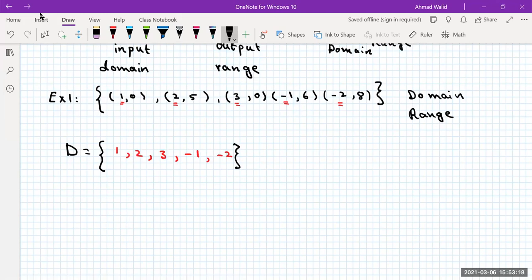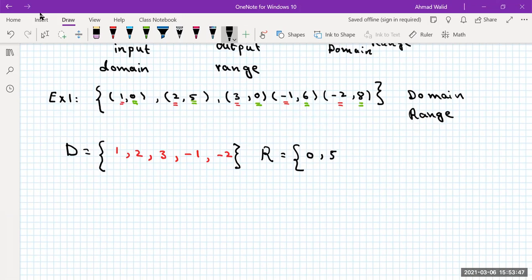Correct? If they ask, okay, what's the range? Just read the values of Y. 0, 5, again 0, 6, 8. Let's list them. 0, 5, and I don't write 0 again because I put 0 already in my list.